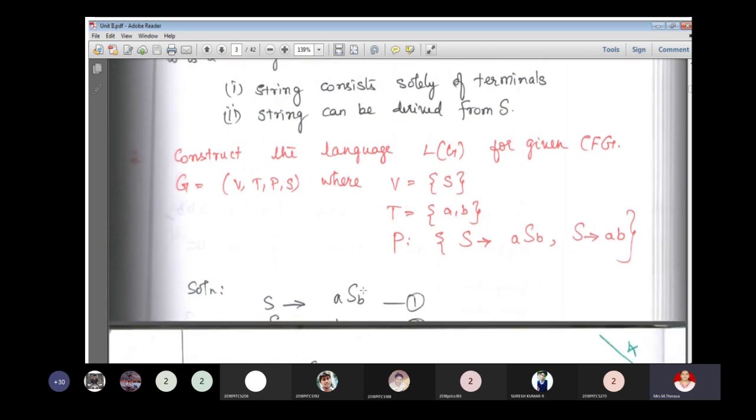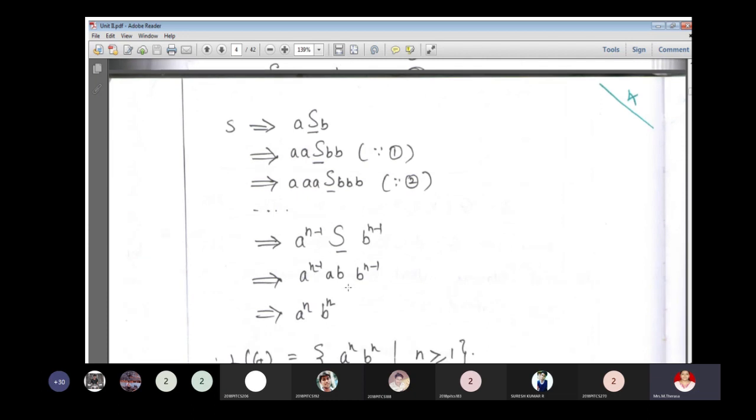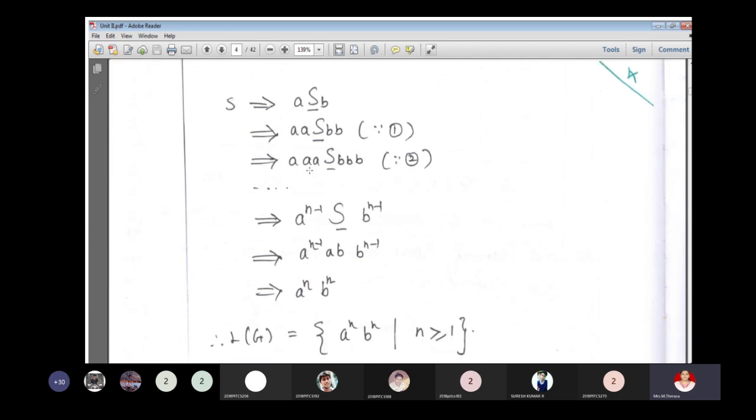It's very simple. We have to start with the start symbol. So S is the start symbol, and for this S you have two options. Suppose you start with aSb, then you can keep on substituting S by aSb, so that at last you can conclude this is a grammar which can derive the language a power n, b power n such that n is greater than or equal to 1.